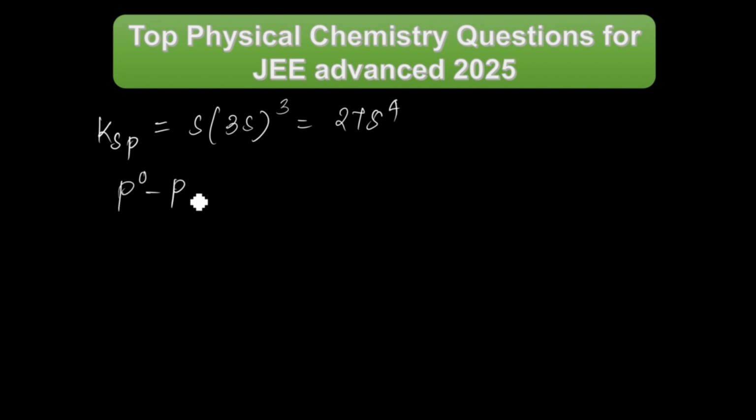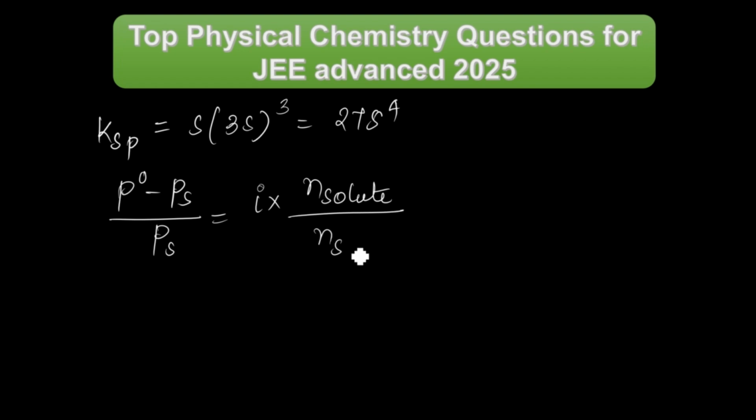So P naught minus PS, I mean the pure solvent and the pressure now, which is equal to i, the Van 't Hoff factor, into N of solute by N of solvent, isn't it? So here I am doing something to make it easier, where I am going to multiply both the above and below by M solvent into 1000.